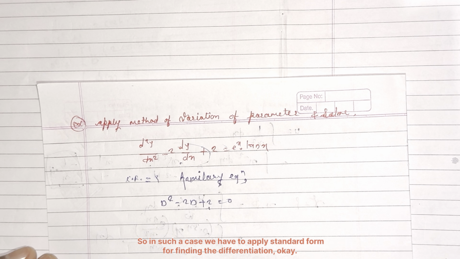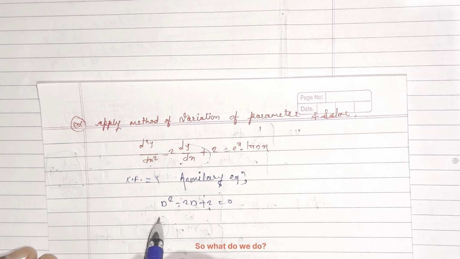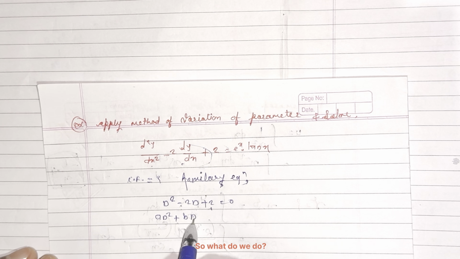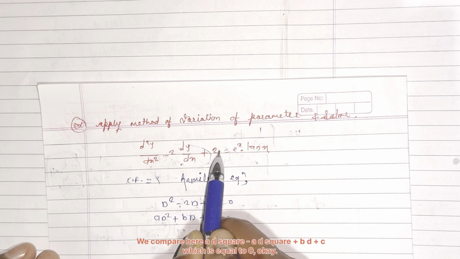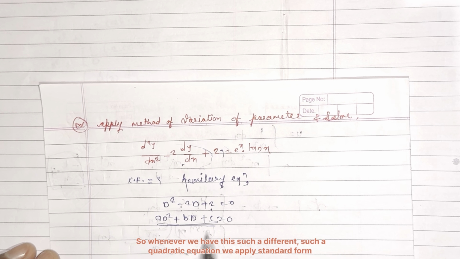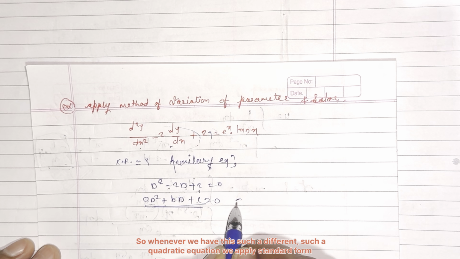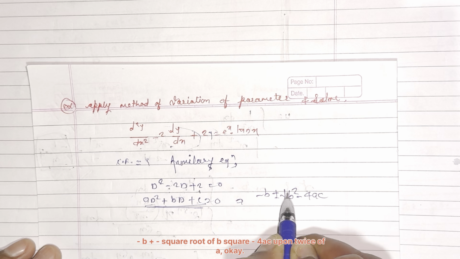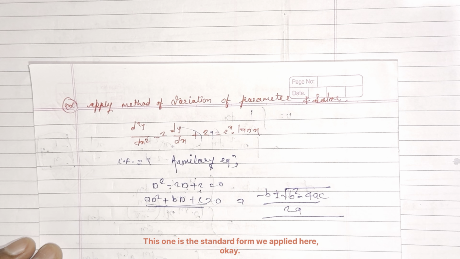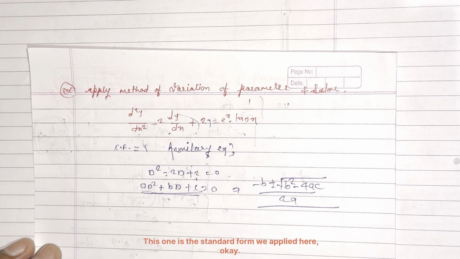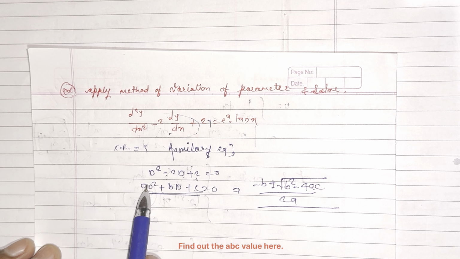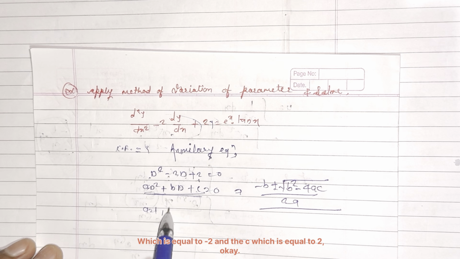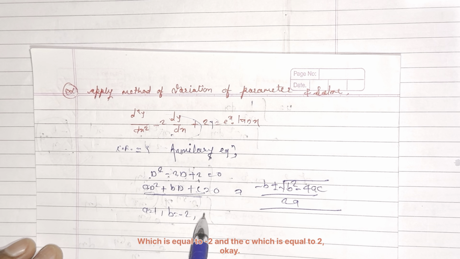We compare with a D square plus b D plus c equals 0, and apply the formula minus b plus minus square root of b square minus 4ac upon 2a. After comparison, a equals 1, b equals minus 2, and c equals 2.